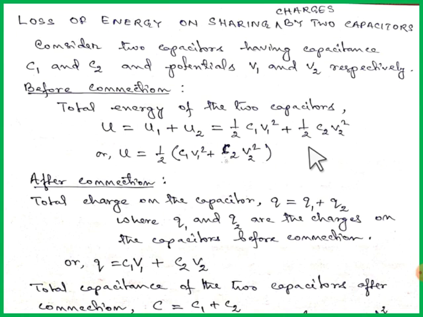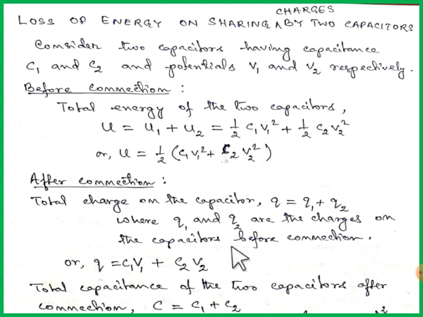Some charge will be transferred from one capacitor to the other, but the total charge will remain the same. Before connection, Q1 is the charge stored in the first capacitor and Q2 in the second. Even though sharing or transfer of charge takes place, the total charge will remain the same. So let the total charge be denoted by Q, and it is equal to Q1 plus Q2, right?